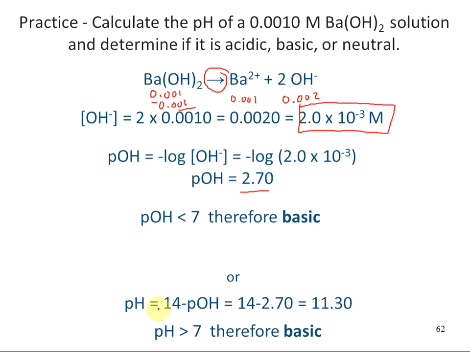The pH equals 14 minus the pOH, because remember, the pH plus the pOH equals the pKw, which is 14. So we get a pH of 11.3, and that's higher than 7, so a pH of greater than 7 is basic. That way I don't have to keep straight which one is which. I can think of most things in the pH scale.